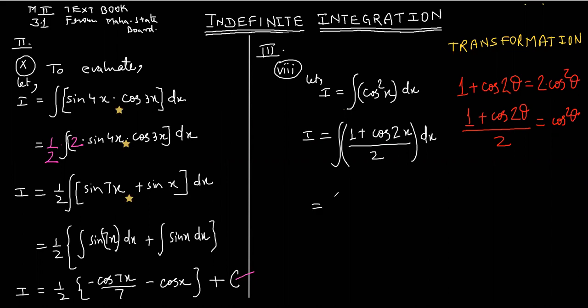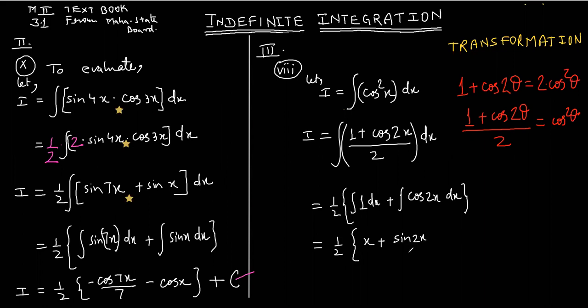This 1 upon 2 is out, and then I will write separate integrals: integral of 1 dx plus integral of cos 2x dx. So here I get 1 upon 2, and the integration of 1 is x, plus the integration of cos 2x is sin 2x upon 2 plus c, and see, it is over.